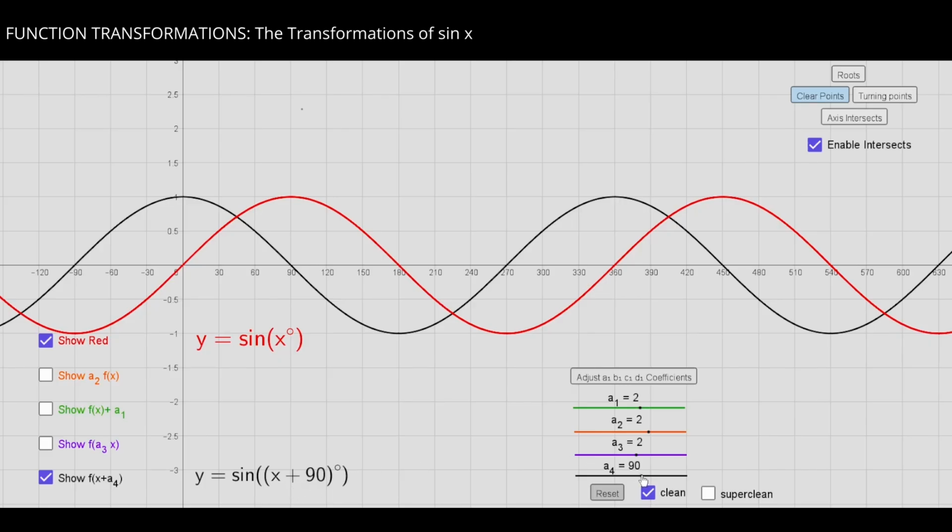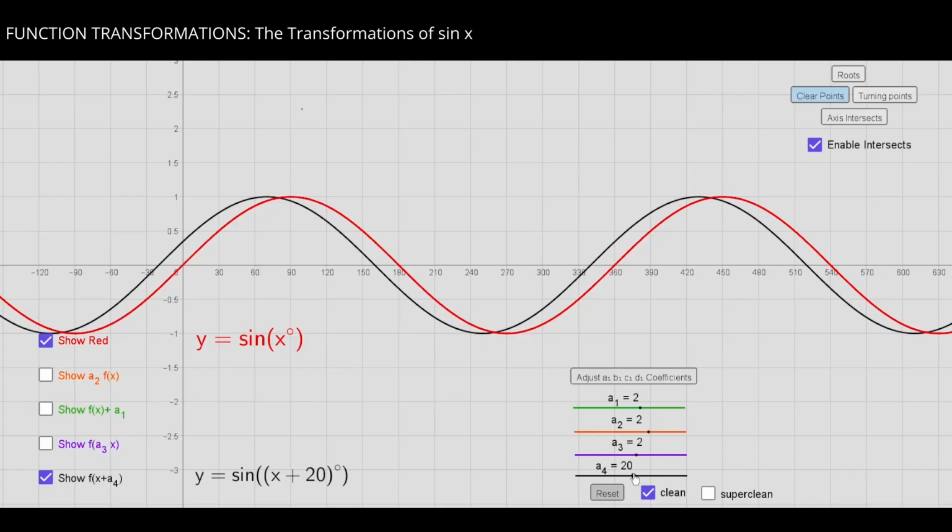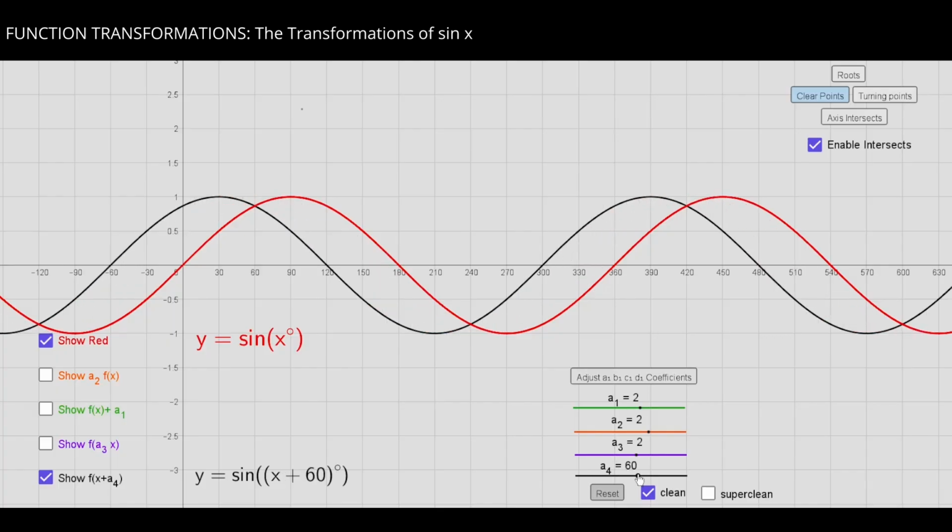So let me show you what happens when we alter that 90. Let's move it back to 0, where there is no change of shape. So if I now start increasing that amount that we add to x, the curve starts moving left.